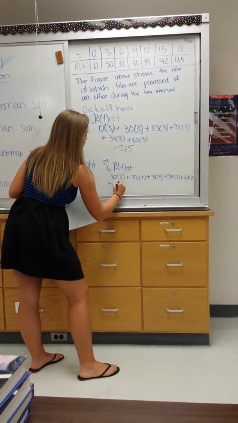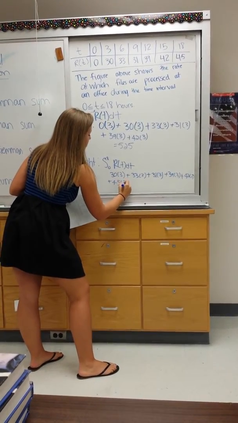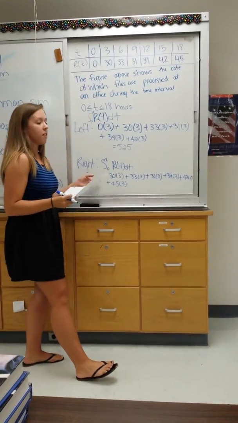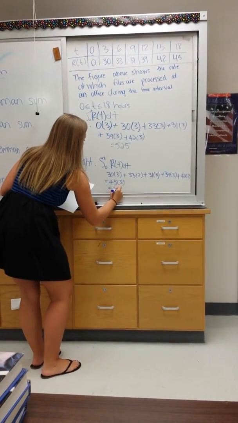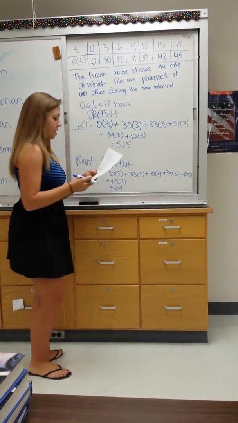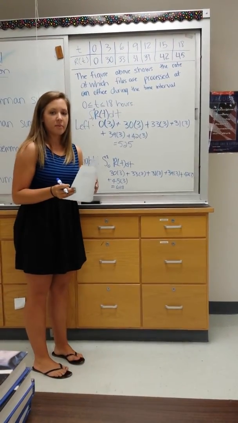So plus 45 times 3. And the answer when you add all this up is 618. So this is how you do the left and right Riemann sum.